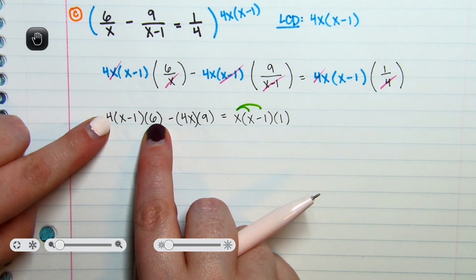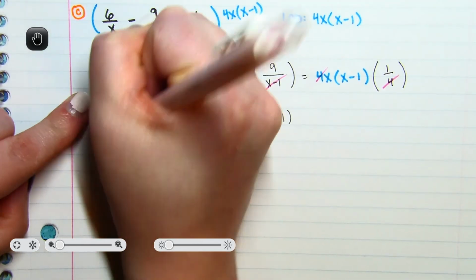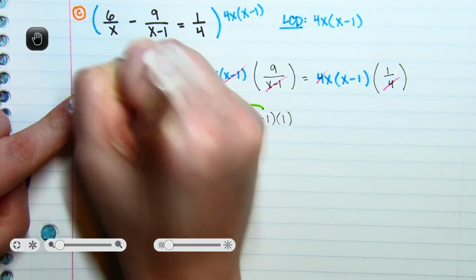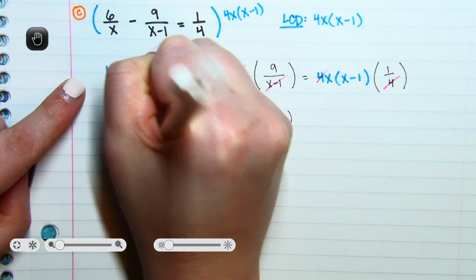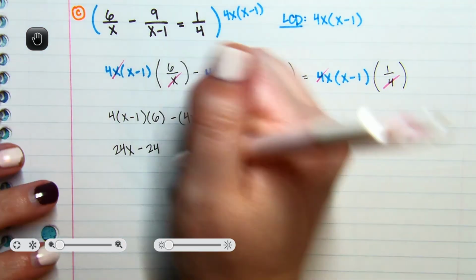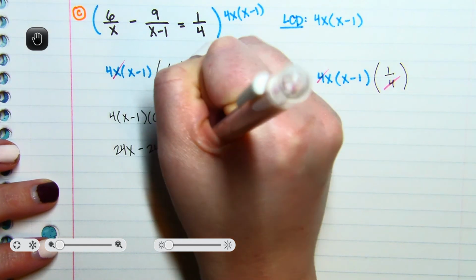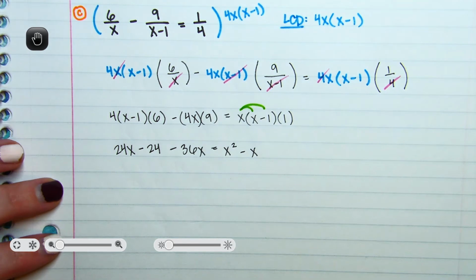And then 24 times x will be 24x. And then 24 times negative 1 will be negative 24. If you want to do that as 2 separate steps, totally fine. And then minus 36x equals x squared minus x.